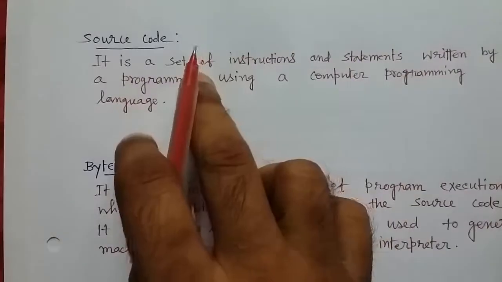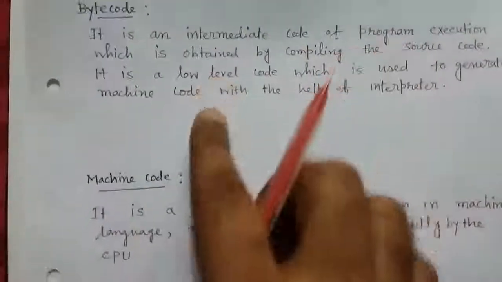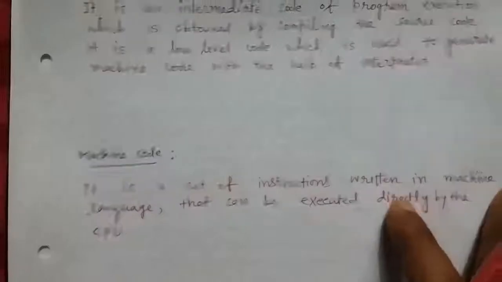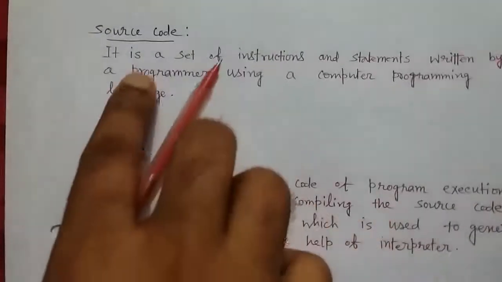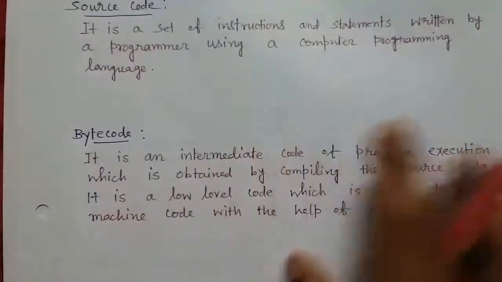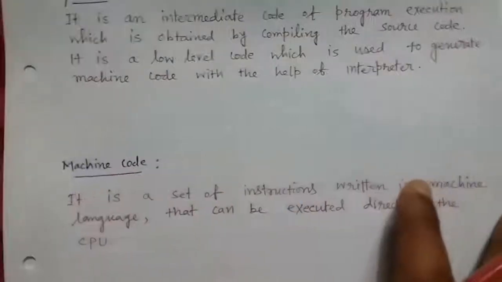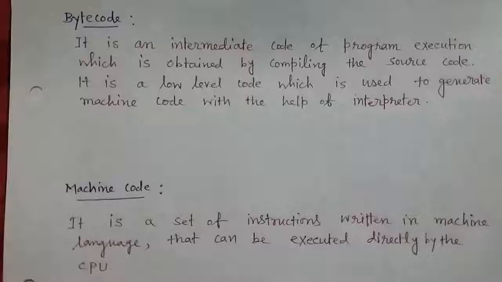The source code will be converted to bytecode at first, and then the bytecode will be converted to machine code, and then the CPU will recognize this machine code. CPU will not recognize source code or bytecode. CPU will recognize machine code to execute a program. Is it clear?